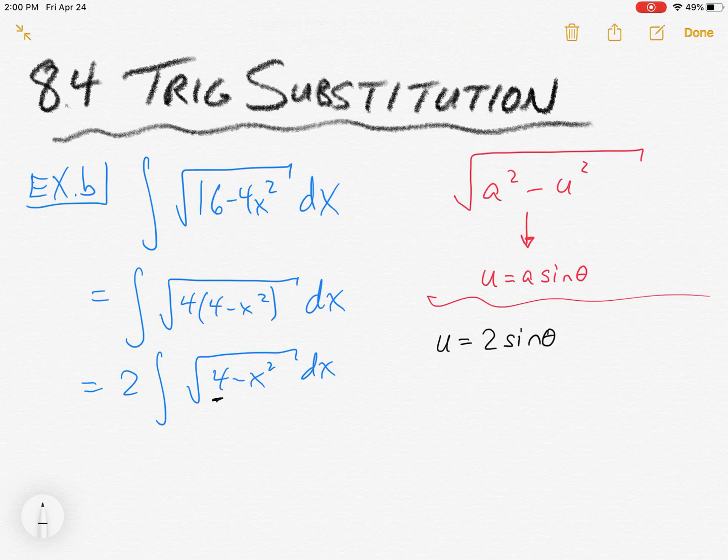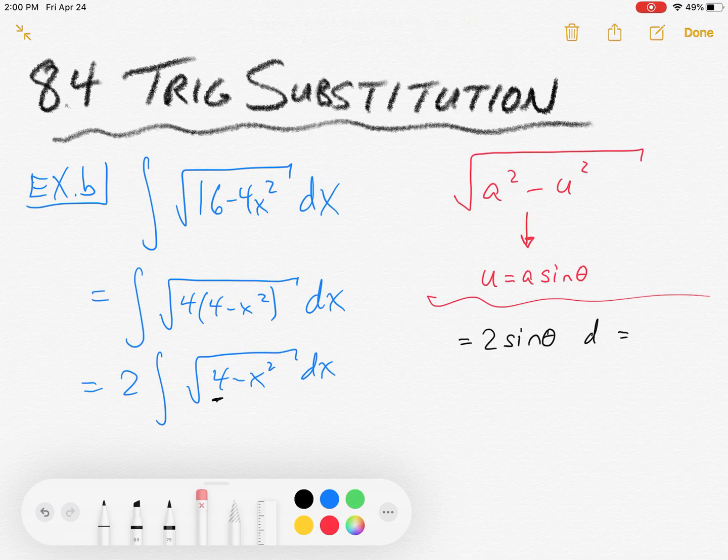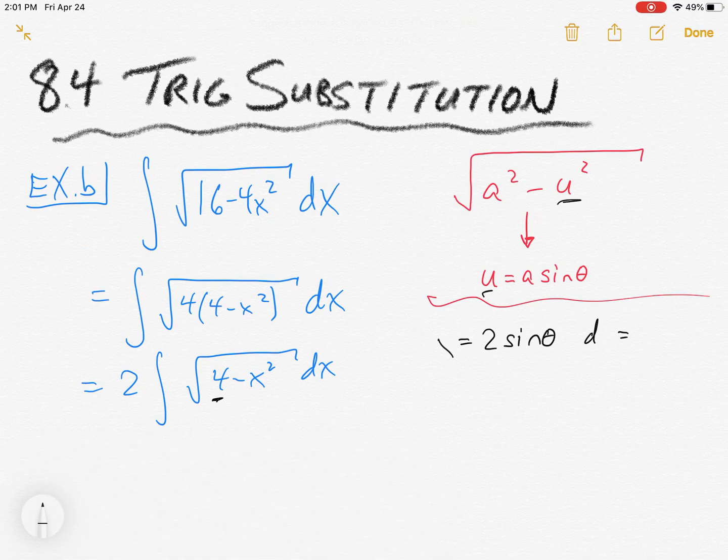So in our problem, we're going to say u is, what's our a? Square root of that, so 2 sine theta. Go ahead and do your du. Here I go again using u, but it's not u, it's x.